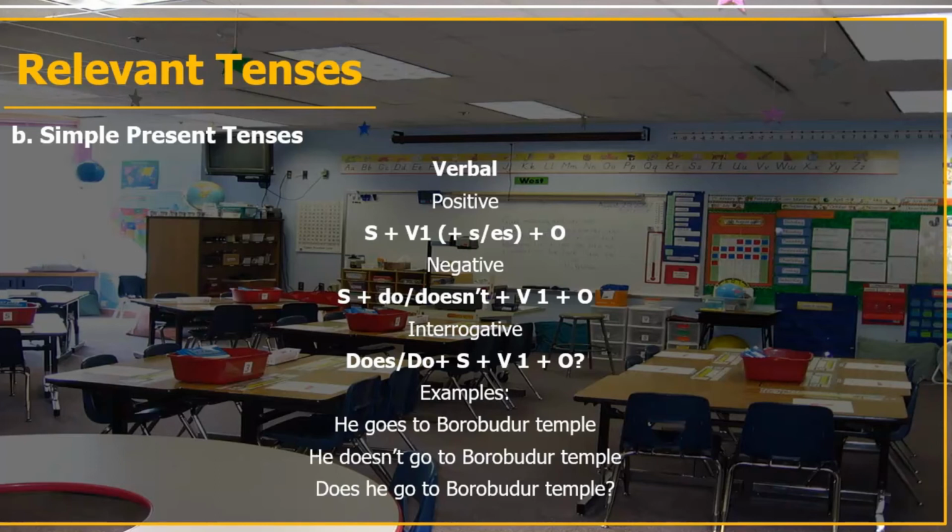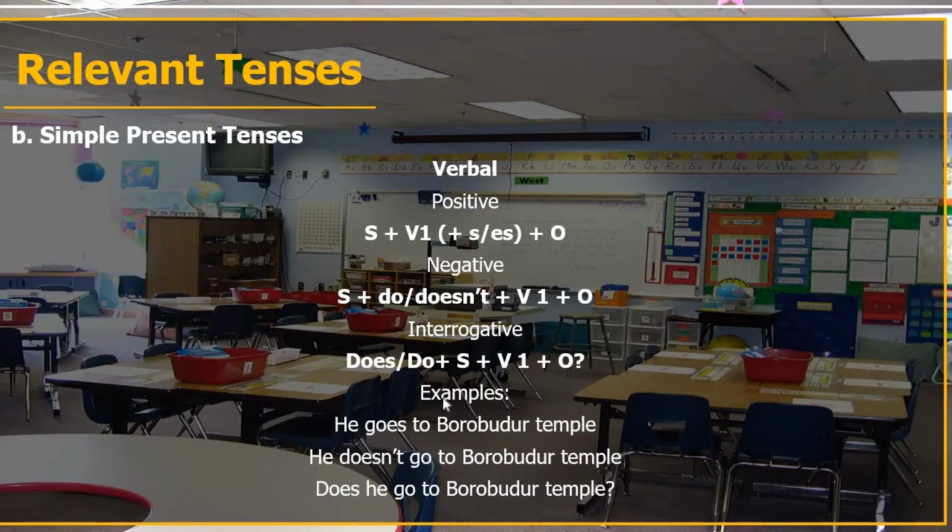Okay, let's talk about the verbal one. The positive verbal one, I mean, I have formula: subject plus verb one, additionally verb plus s or es plus object. And then the negative one is subject plus do or does plus not plus verb one and plus object.